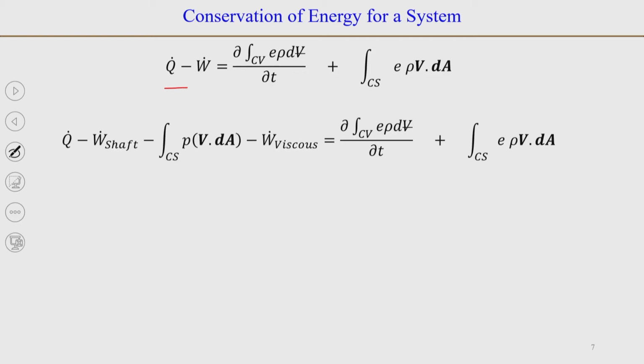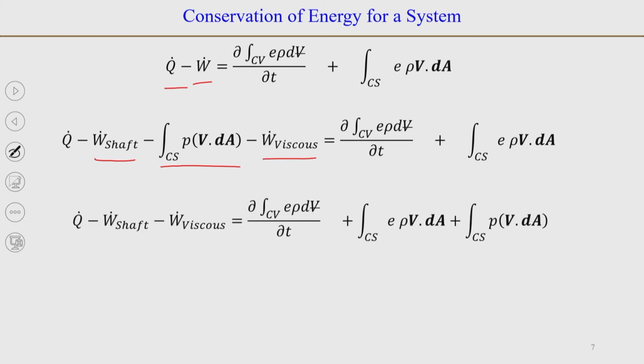So, we can write W dot is equal to the work done due to shaft, the work contribution due to the pressure force, and the work contribution due to the viscous stress or viscous forces. Now, we have a V dot dA here and V dot dA on the right side, so we can try to combine this.